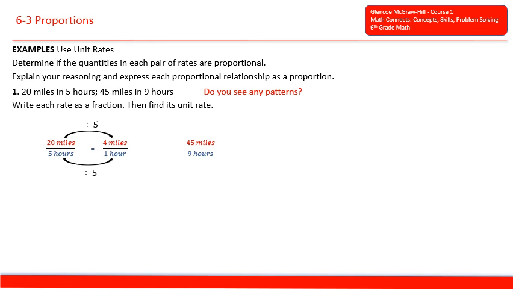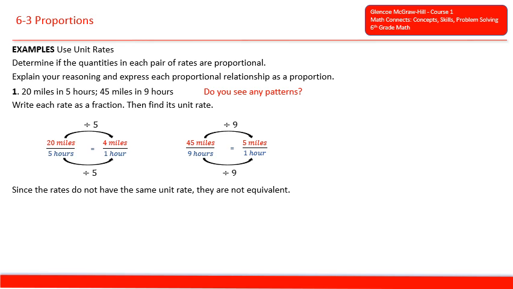Looking at 45 miles in 9 hours, we have to divide 9 hours by 9 to get the unit rate of 1 hour, and 45 miles by 9, because whatever we do to the denominator, we have to do to the numerator to get 5 miles per hour. Since the rates do not have the same unit rate, they are not equivalent. So the number of miles is not proportional to the number of hours.